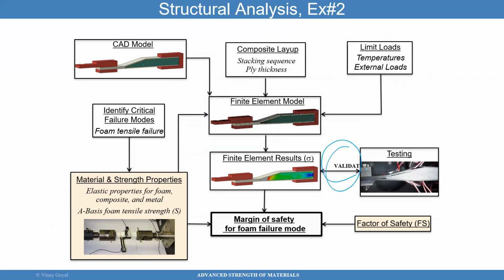If this is good, then I proceed, take the strength and the factor of safety, and calculate my margin. In this case, the formula will be the strength divided by the highest stress from my model, times the factor of safety, minus 1. I want this to be greater than or equal to 0. That's your margin of safety there.